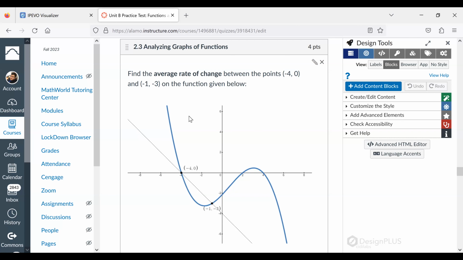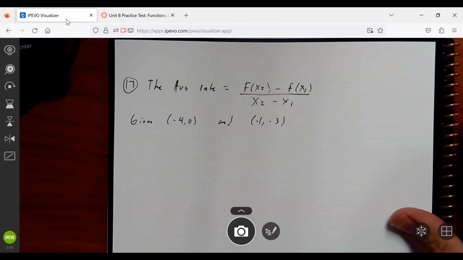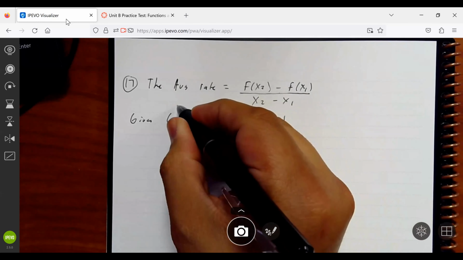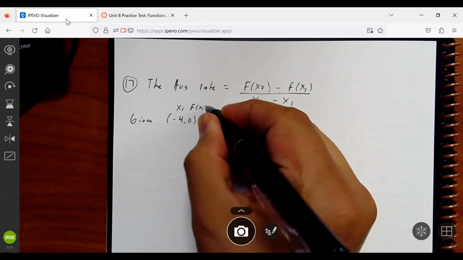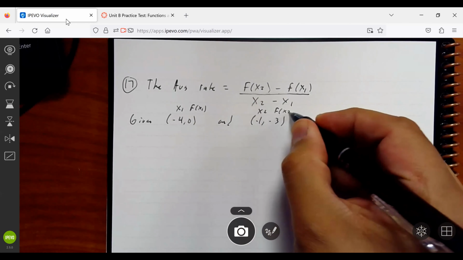So given -4, 0 and -1, -3. So this is the average rate. This is basically x1, y1, or f of x1. Same thing. x2, f of x2.